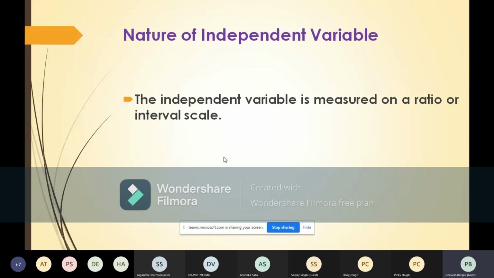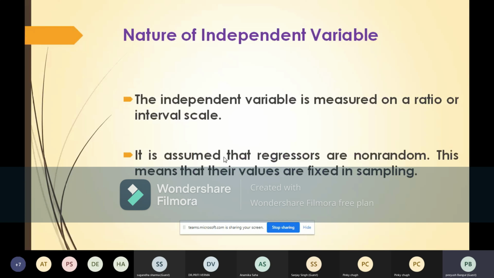That means you have some figures. You cannot keep it 0 1 0 1 like binary numbers. So in case of independent variable, you have to keep ratio or interval scale only, while it is assumed that regressors are non-random. That means the independent variable is non-random.